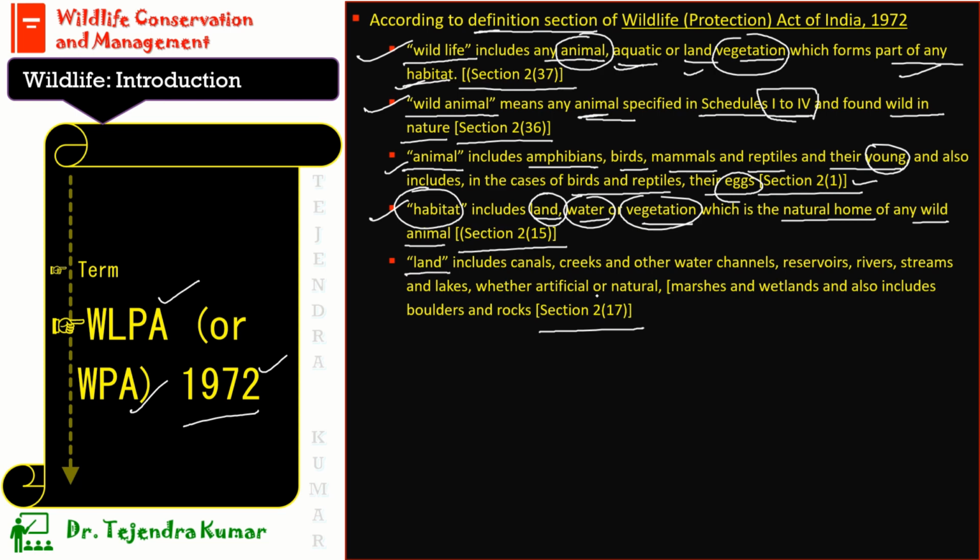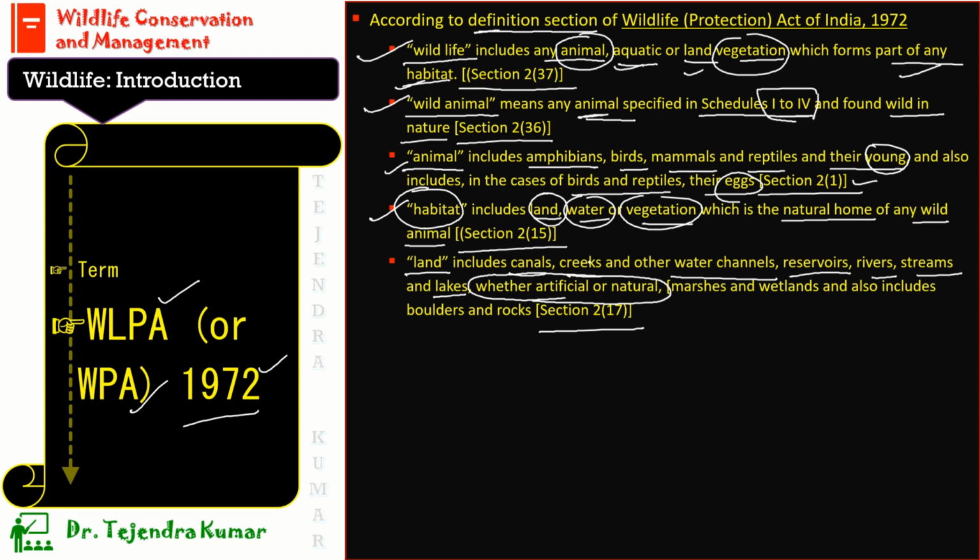Next, land. Land includes canals, creeks, and water channels, even reservoirs, rivers, streams, lakes, whether artificial or natural. I told you in the last slide that in the act it is mentioned that whether artificial or natural, both will be counted. But if you are growing and culturing in the laboratory in in vitro conditions, then it will not count.